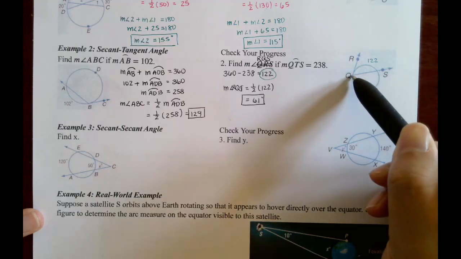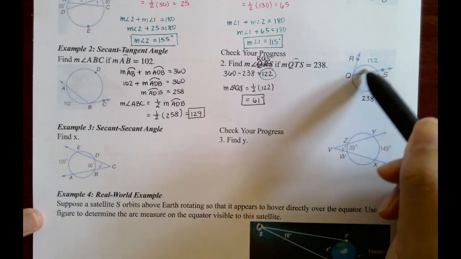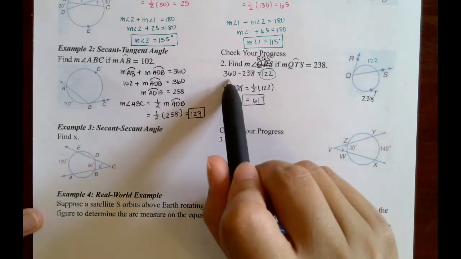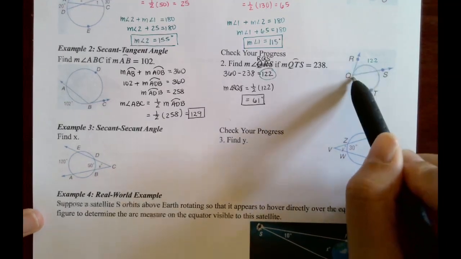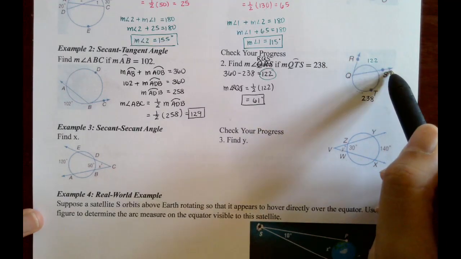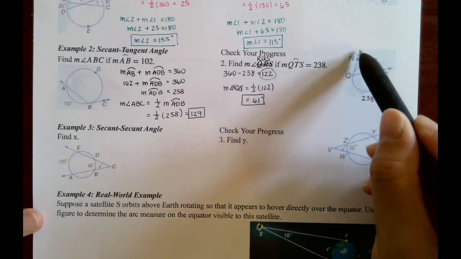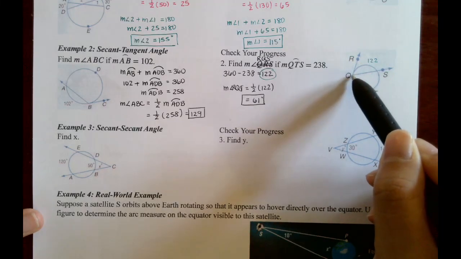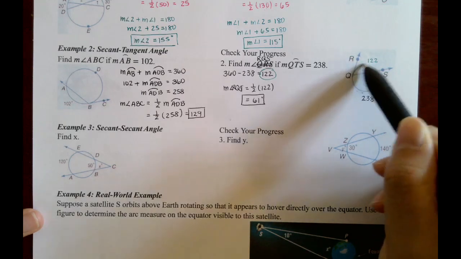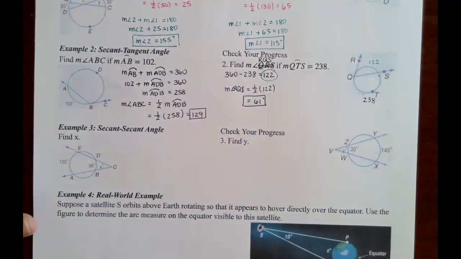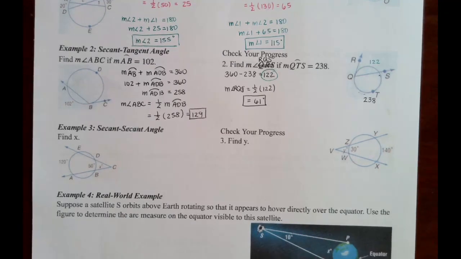This part of the arc, in order to add up to 360, I can find by doing 360 minus 238, which is 122. To find the angle here, this is the secant and this is the tangent. They meet at the point of tangency, so this angle is half of that arc. Half of 122 is 61, and there you go.